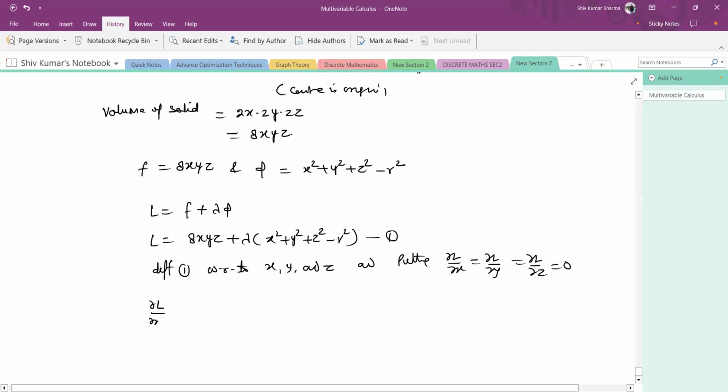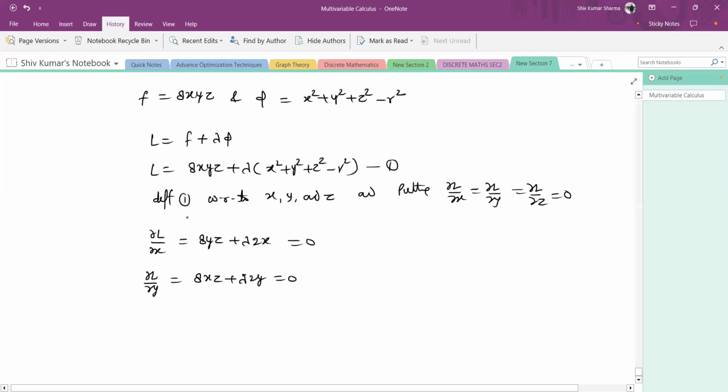So del L upon del x is equal to 8yz plus lambda into 2x equal to 0. Del L upon del y is equal to 8xz plus lambda into 2y equal to 0. Third one, del L upon del z is equal to 8xy plus lambda into 2z equal to 0.